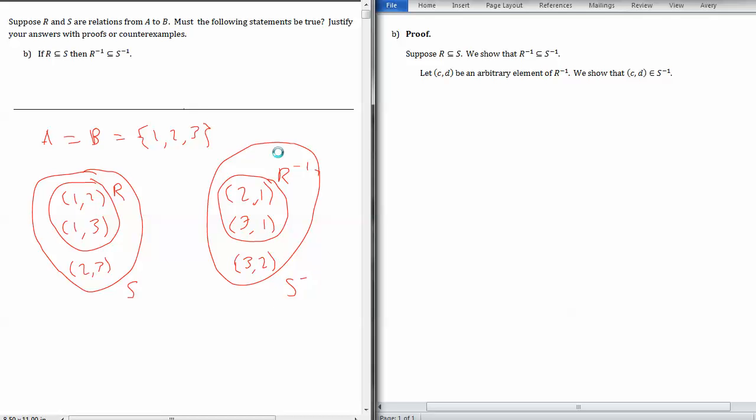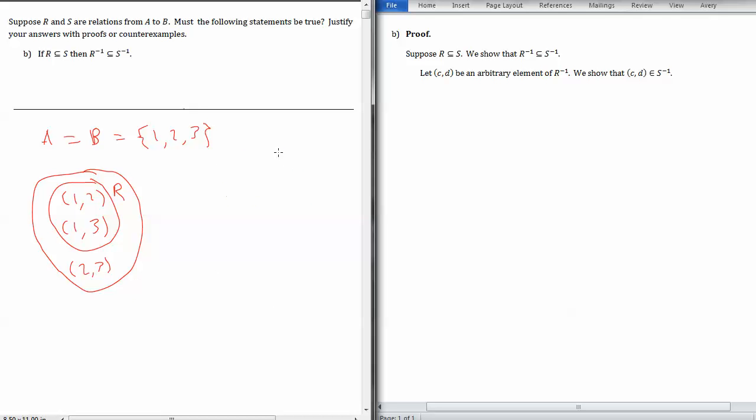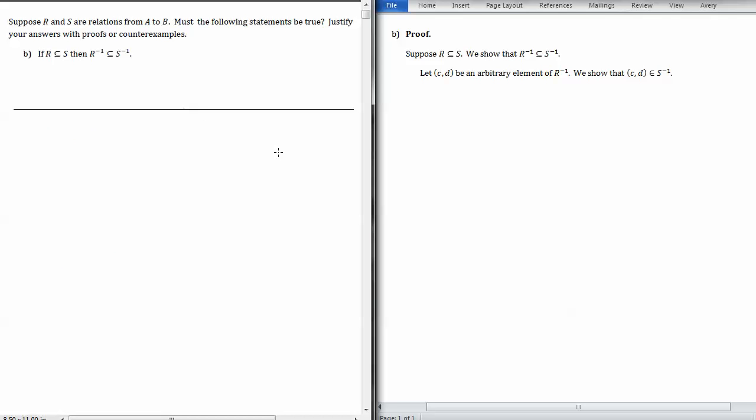Let's just real quickly say, what's the idea of the proof here? Basically, we're supposed to prove that this subset statement is true. So, what if we just take an element (c, d) of R inverse?